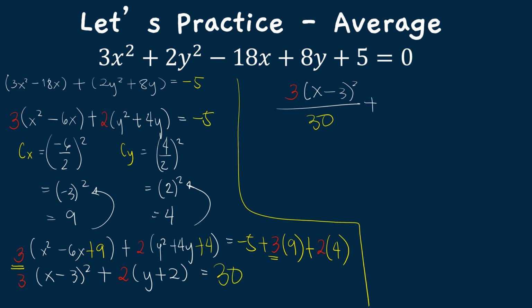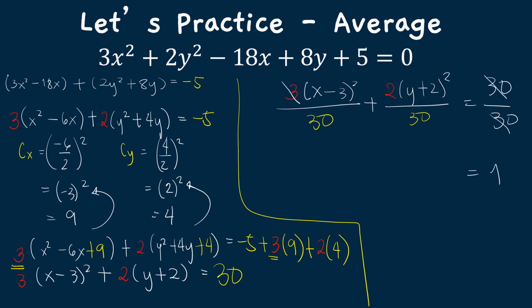Then plus 2 multiplied by y plus 2 squared over 30 is equal to 30 over 30. So, cancel that at the end. That is equal to 1.